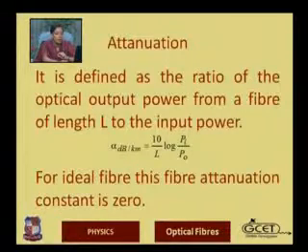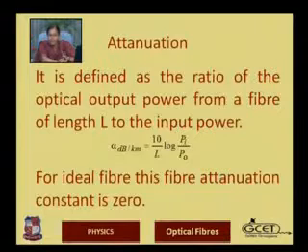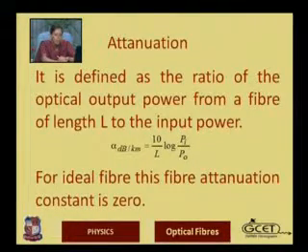It is alpha = (10/L) log(Pi/Po). Actually in Bell, if you do not multiply this with 10, then the unit will be Bell per kilometer. But for a real time situation, the Bell unit is very high, so that's why we are using the unit as decibel.